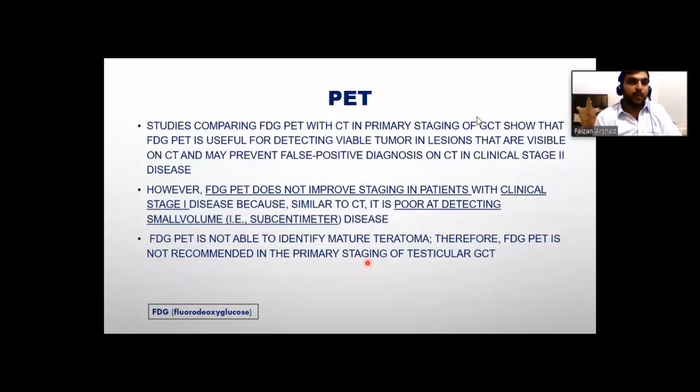However, PET does not improve the staging in the patient with clinical stage 1 disease because it is similar to CT. It is poor at detecting small volume disease in sub-centimeters. FDG PET is not able to identify mature teratoma, therefore FDG PET is not recommended in the primary staging of testicular germ cell tumor.